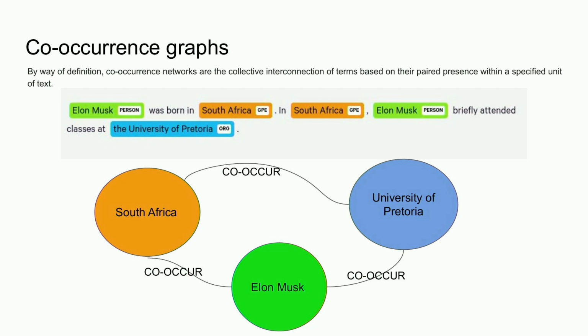We don't really know how, but we just know that they are somehow related because they appeared in the same sentence. And here you can also see that the coreference resolution was quite important, because if we split the specified unit of text into sentences and didn't use coreference resolution, here in the second sentence we would only have a single entity and two pronouns.